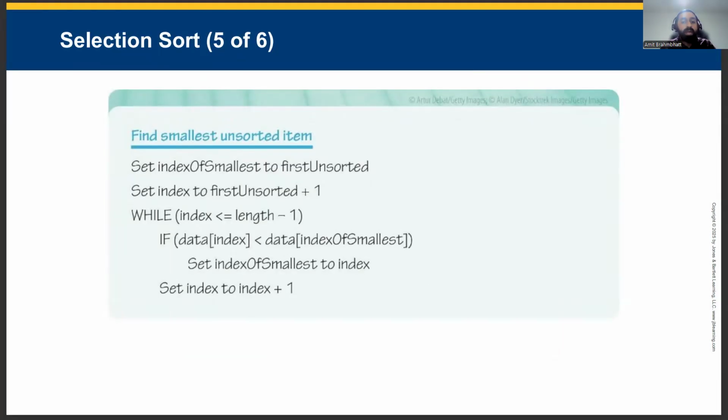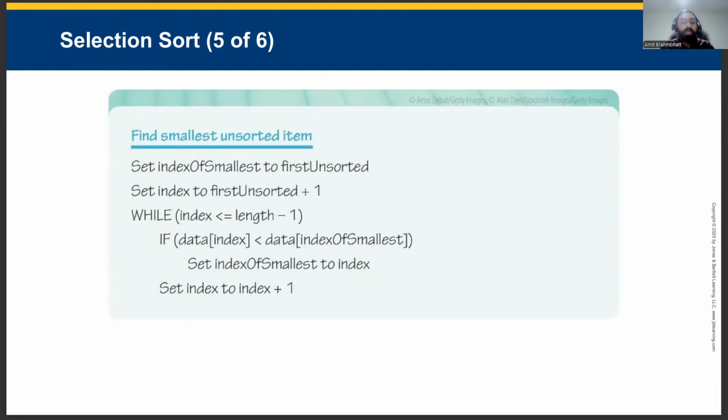Moving on to the next slide with another example of finding the smallest unsorted item. We see that first we are setting index of smallest to the first unsorted, then we set index to the first unsorted plus 1, and then we loop in a while loop until index is less than or equal to length minus 1.